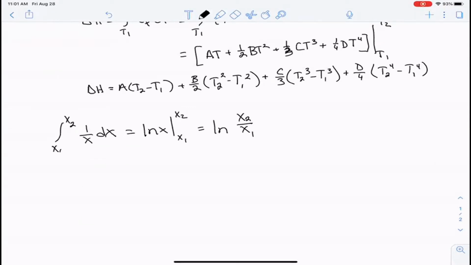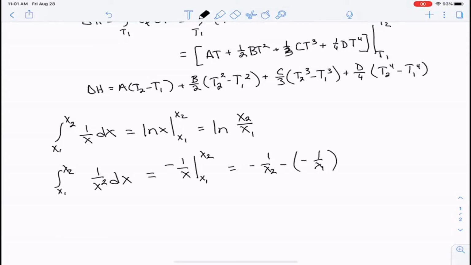Another common integral is the integral from x1 to x2 of 1 over x squared dx. And of course, that is minus 1 over x evaluated from x1 to x2, which is just equal to minus 1 over x2 minus a negative 1 over x1, which equals 1 over x1 minus 1 over x2.